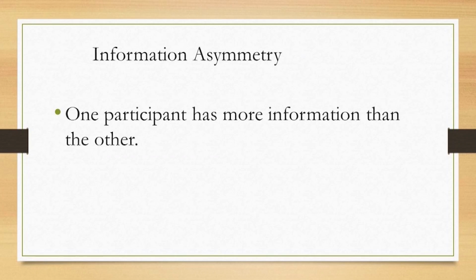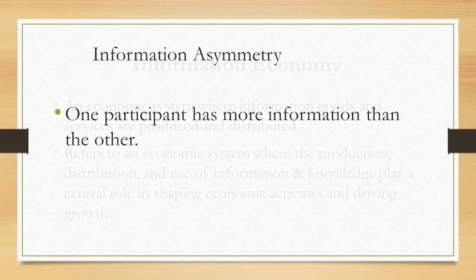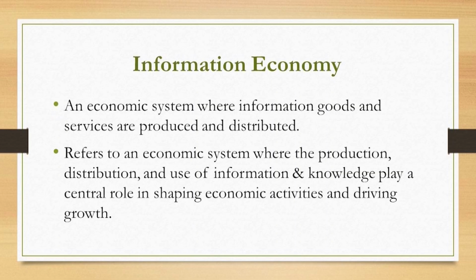So, information asymmetry means one participant has more information than the other. So, considering all this, we again come, in a nutshell, to the information economy. That is, it is an economic system where information goods and services are produced and distributed. It also refers to an economic system where the production, distribution, and use of information and knowledge play a central role in shaping economic activities and driving growth.